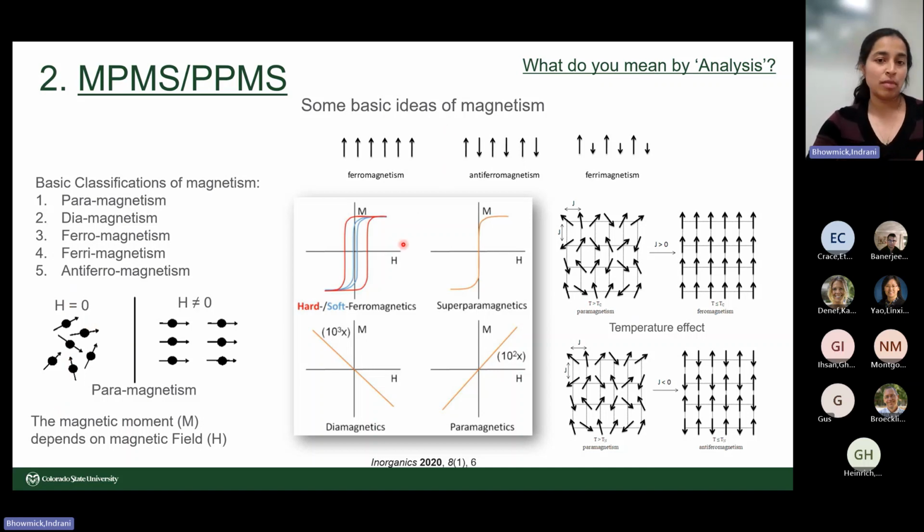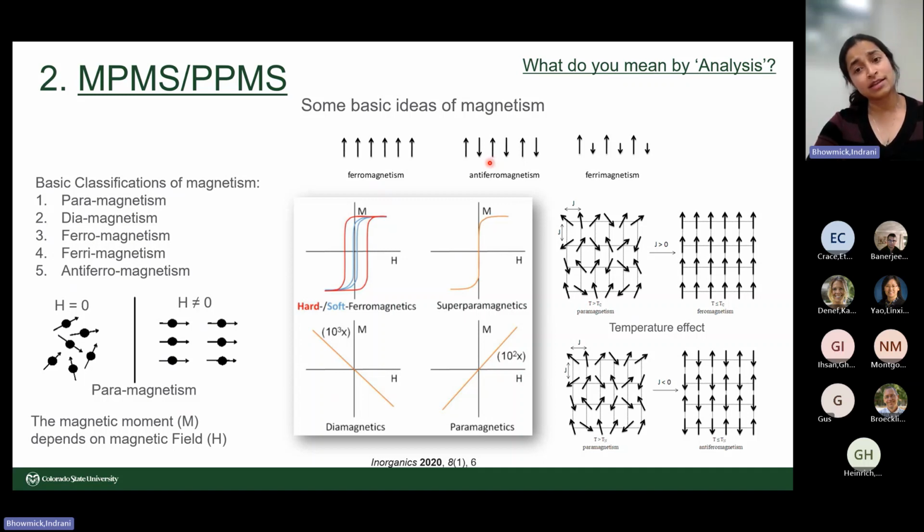You don't want to put your magnet in the heat, or it will lose its magnetic properties, right? That can be studied in MPMS, PPMS: what that temperature is or how long it will be a ferromagnet.